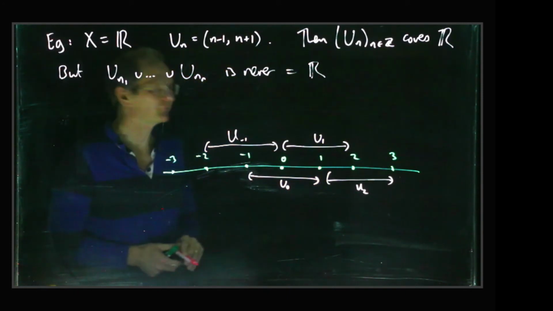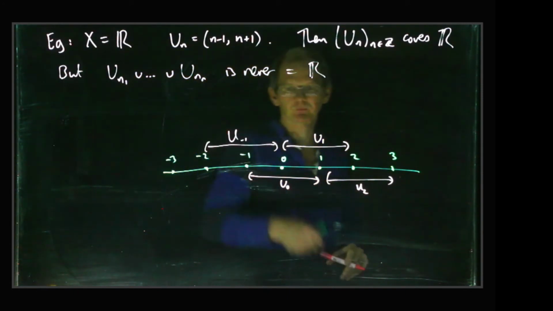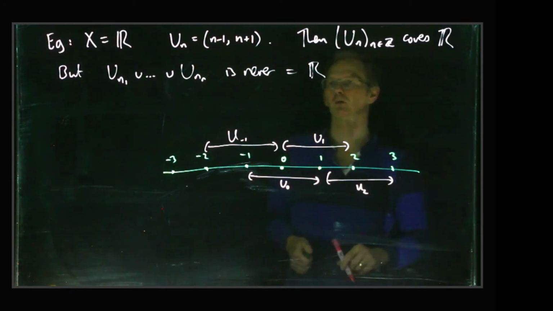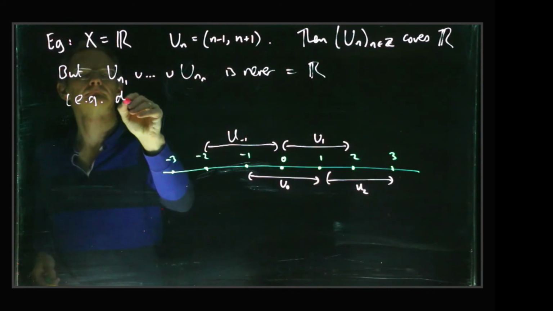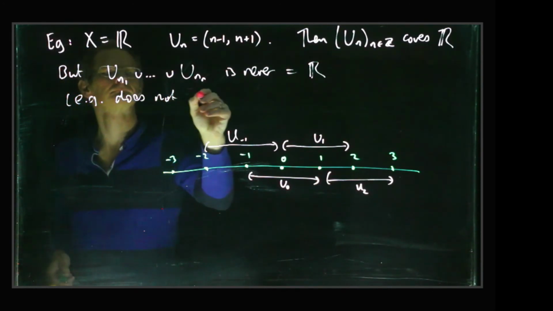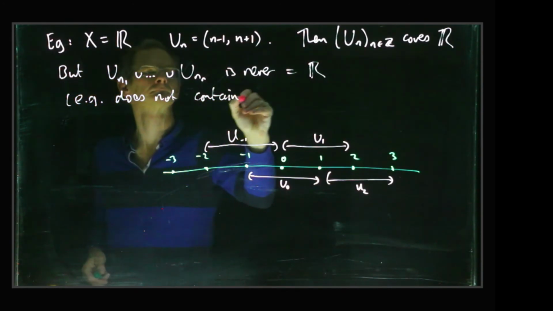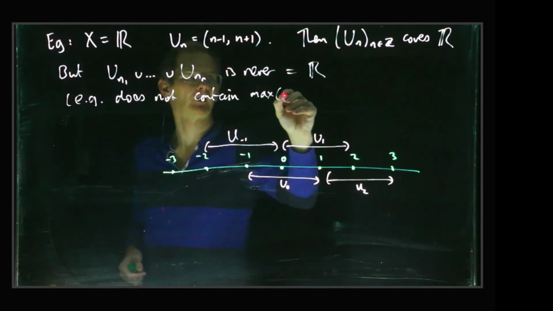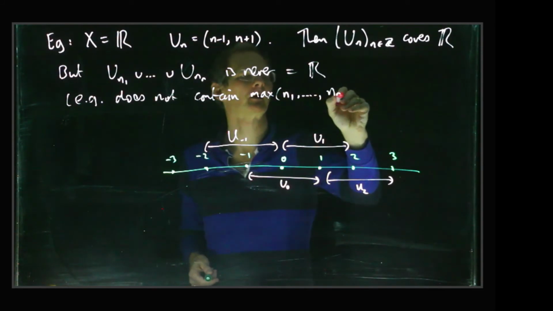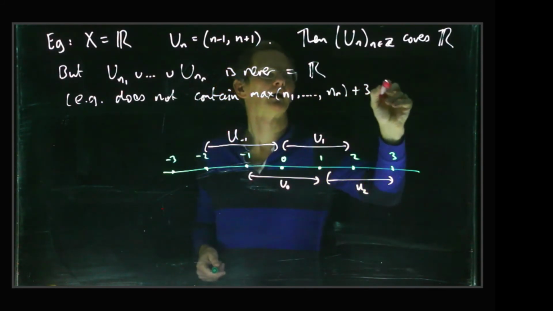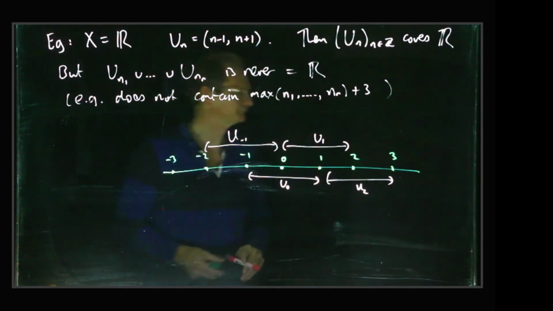Okay, and it's easy to see that these open intervals cover the whole line, but if you just take finitely many of these, then obviously it's not going to contain the whole real line. For example, if you want to be completely specific about it, you look at the maximum of these integers n_r and add 3, then that's not going to be in this union. Okay?